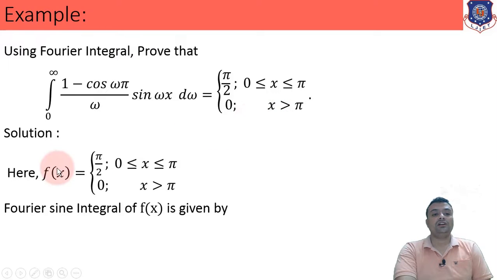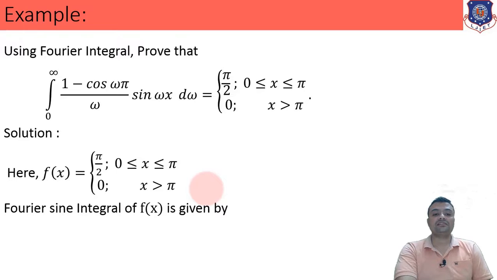Now, the solution: assume that the given function f of x is pi by 2 whenever 0 is less than or equal to x less than or equal to pi, and 0 whenever x is greater than pi. You can see clearly here that the function is not defined on the whole real line. It is only defined on the positive half of the real line, from 0 to infinity.